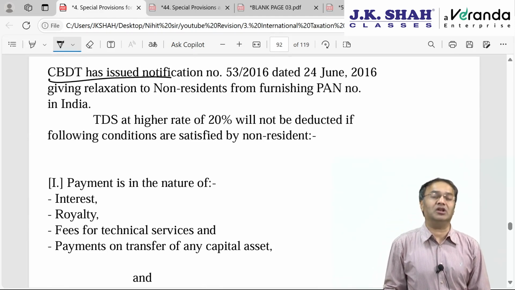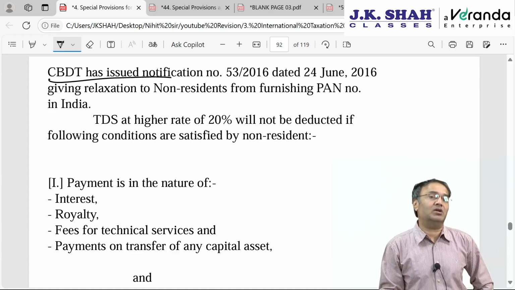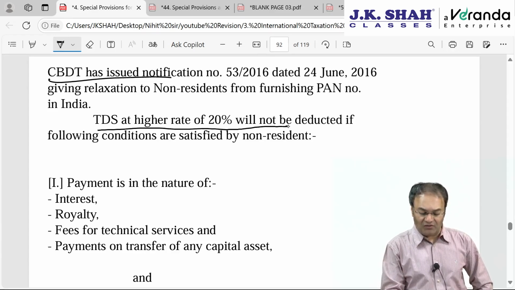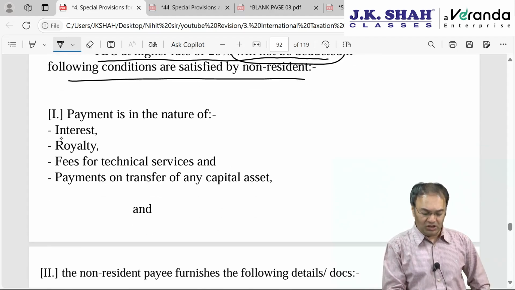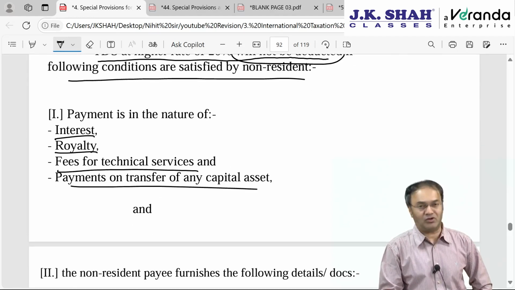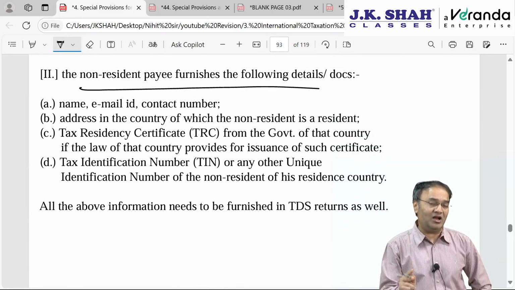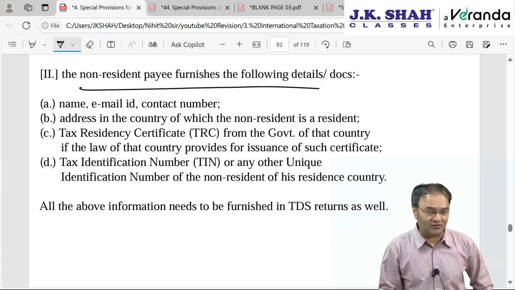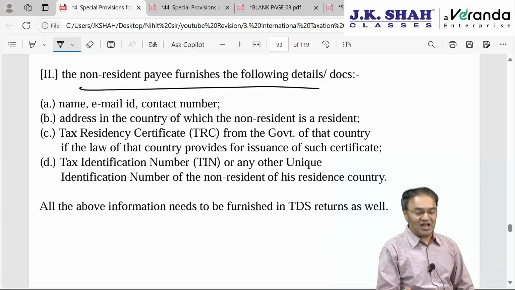CBDT issued a circular stating that if the payee is non-resident and does not have PAN number, then instead of PAN number, payee non-resident will have to give following details. TDS at higher rate of 20% will not be deducted if following conditions are satisfied. Number 1, income which you are paying to non-resident should be interest, royalty, FTS, or payment for transfer of capital asset, and the non-resident furnishes the following details: name, address, contact number, email ID outside India, plus TRC, tax residency certificate from the country of his residency, and the TIN number, tax identification number.